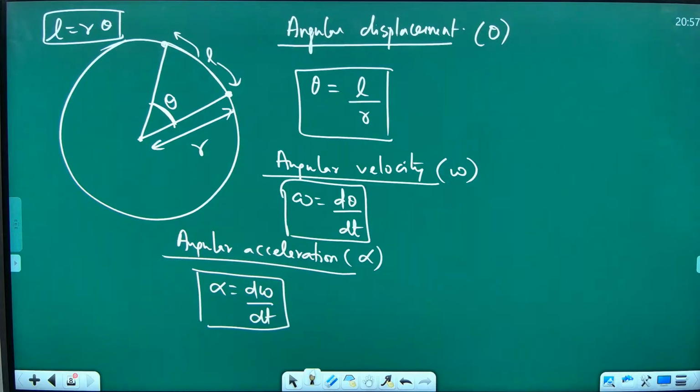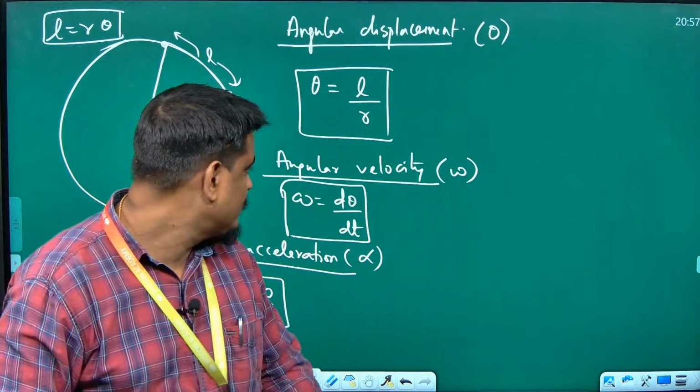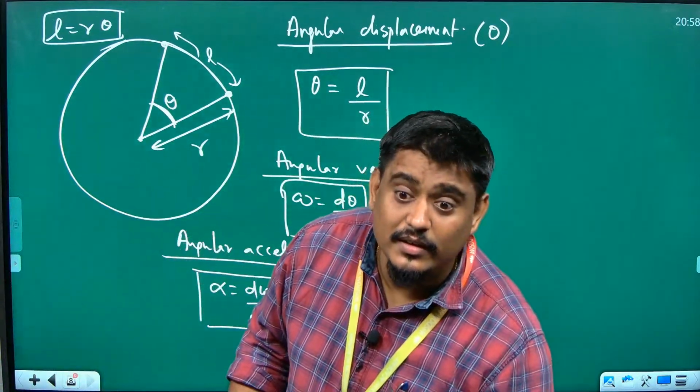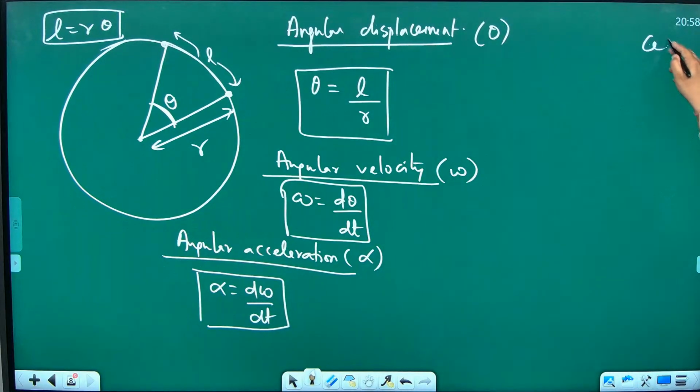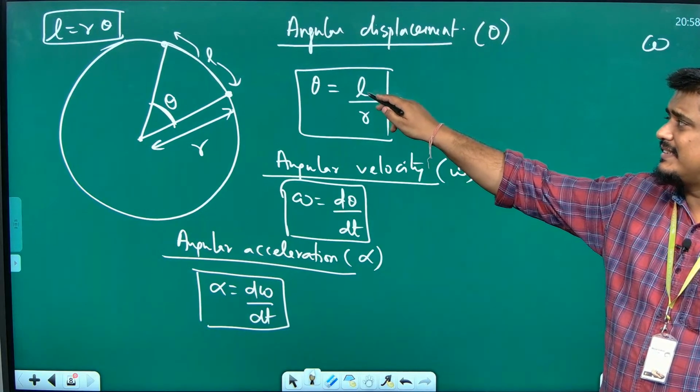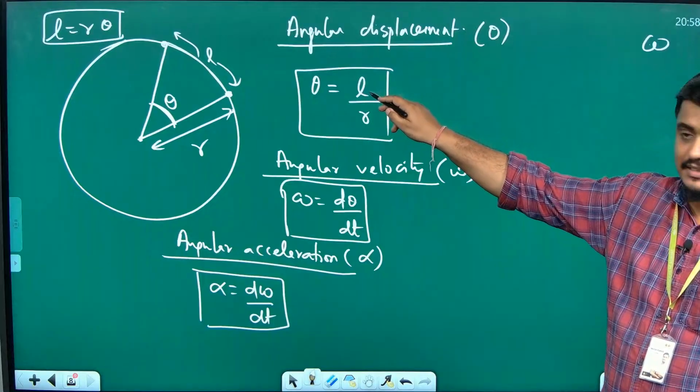Angular velocity. Not dull like W. Omega looks like this, like W only. One more thing you see from here, L is linear.